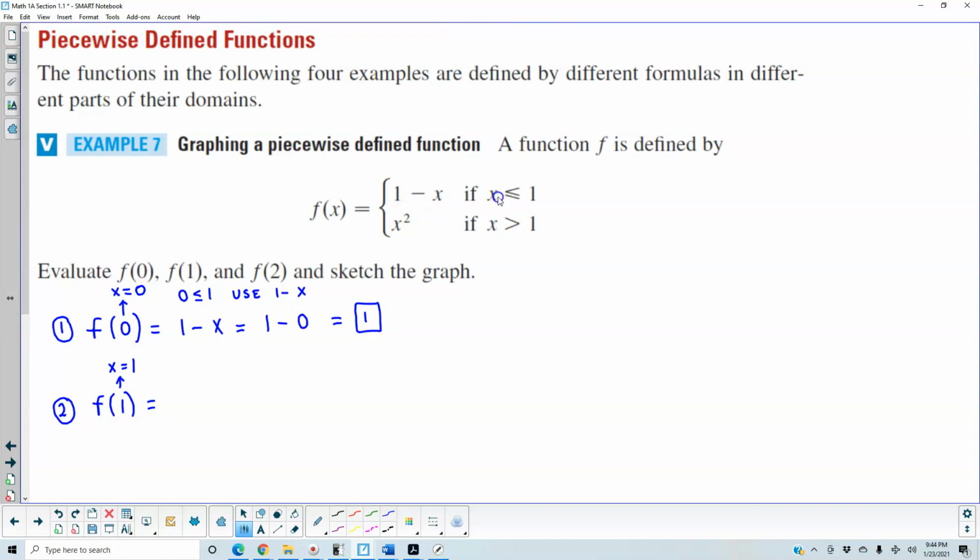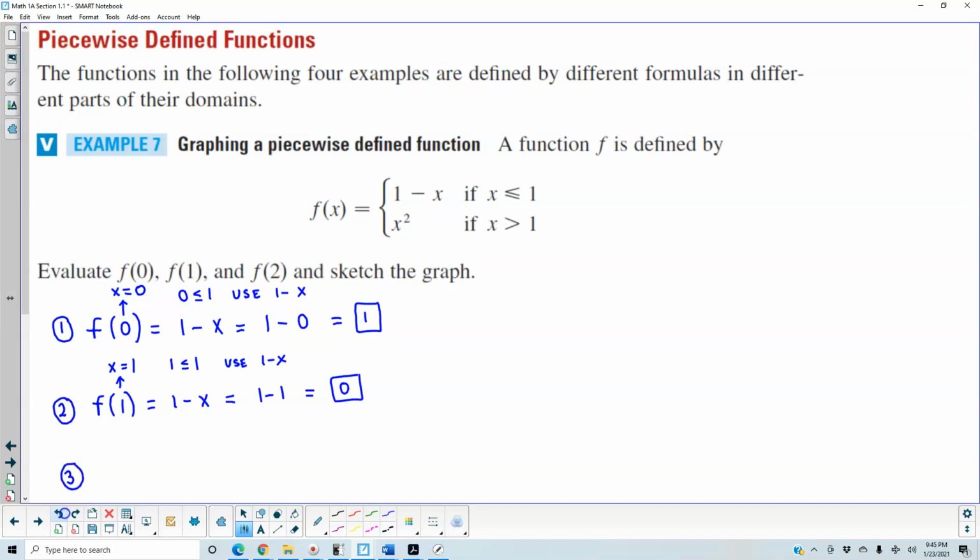So here we know that 1 falls within the domain of less than or equal to 1. So we're going to use the first equation, 1 minus x. Substituting 1 in for x, we get 1 minus 1, which is equal to 0.